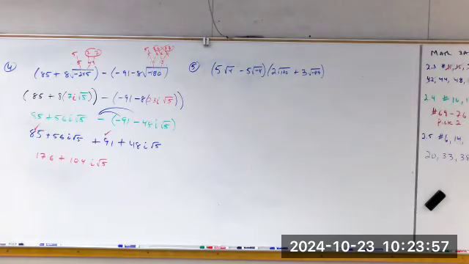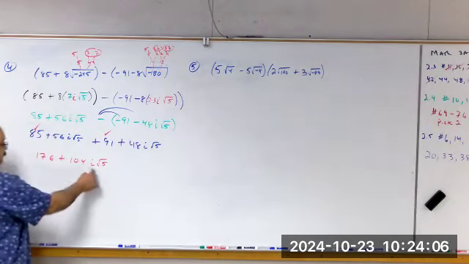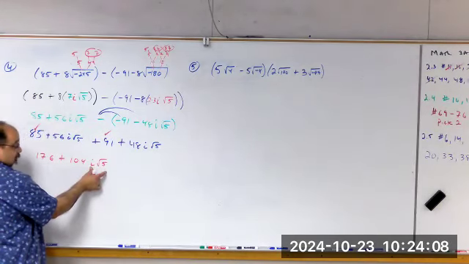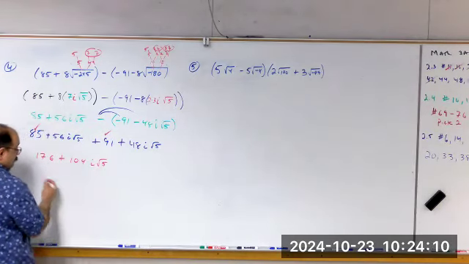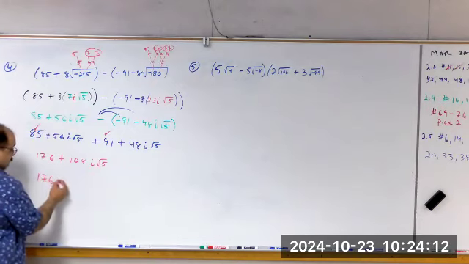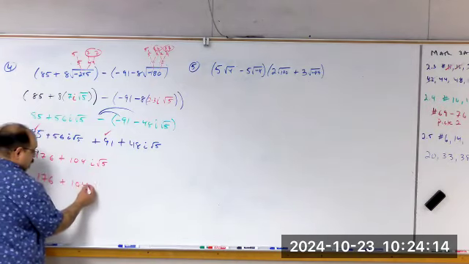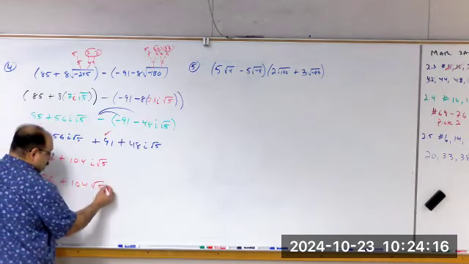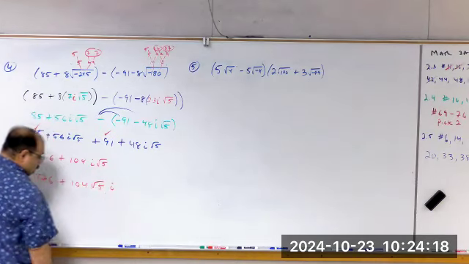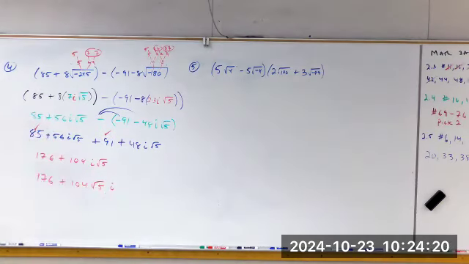I have told you, I implore you, I am asking you, please put i in front of the radical. It is not wrong if you put it after the radical.